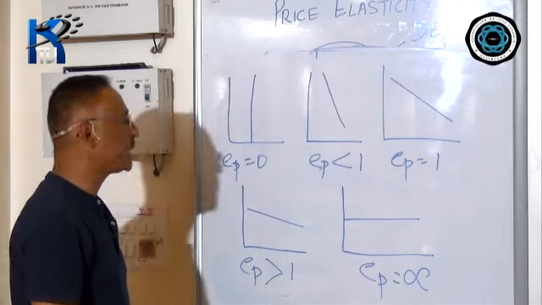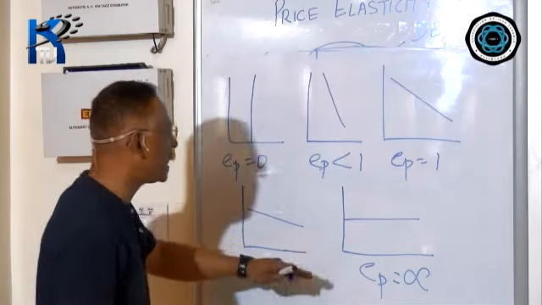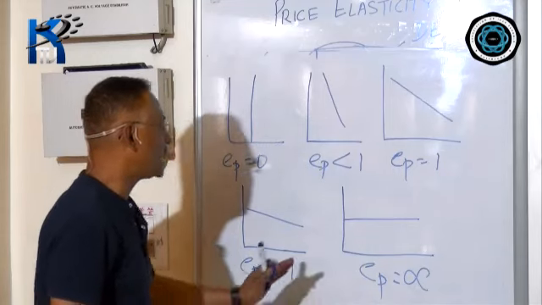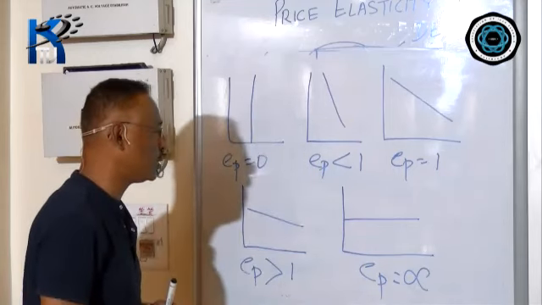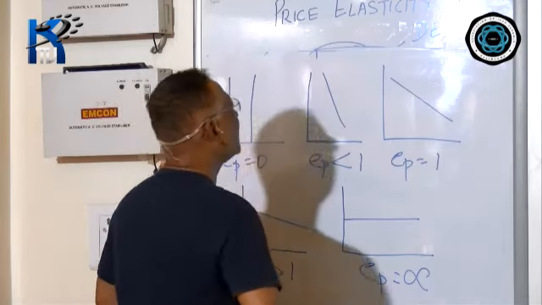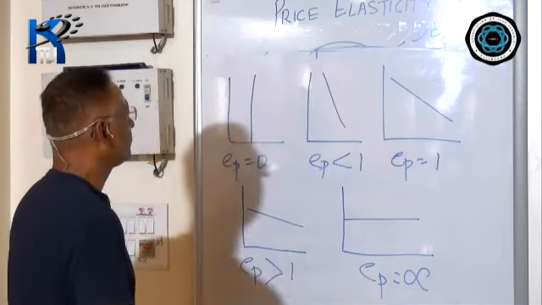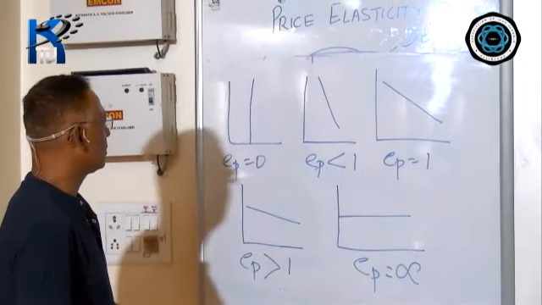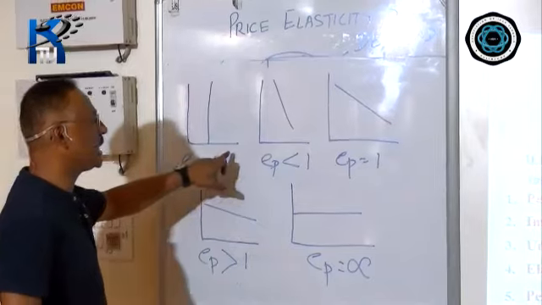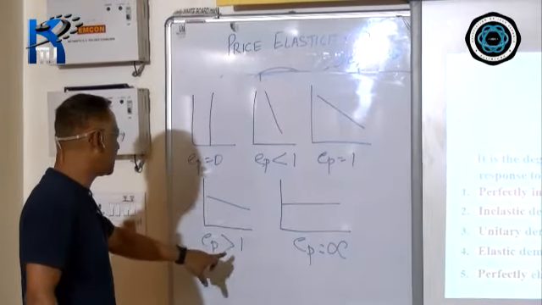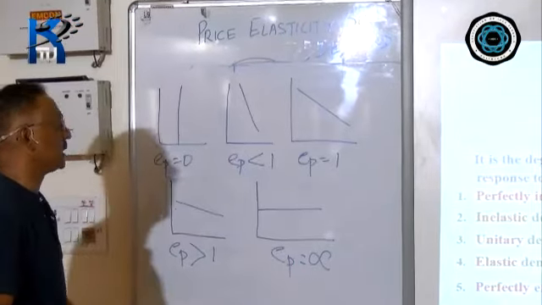Example, a perfectly competitive market where at this price, consumers will buy as much as they want, whereas at a higher price, nobody will buy. Okay? So this is price elasticity of demand. In short, sometimes you will be asked to draw a graph showing a perfectly inelastic demand curve, or draw a diagram to show an elastic demand curve with an example.